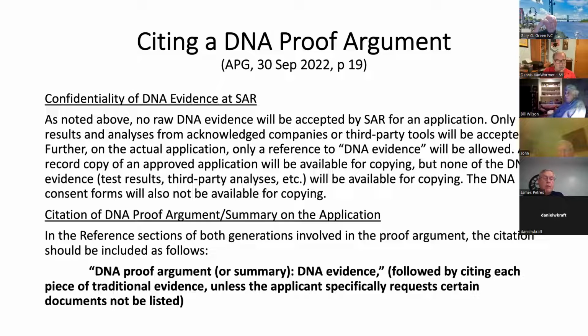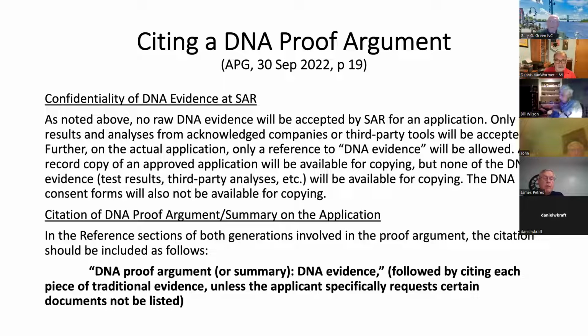We never allow raw DNA evidence to be used. What we use is test results and analysis from companies like 23andMe or some of the other ones, or third-party tools, but none of that actual DNA test evidence can be specified on the application, nor can it be copied.